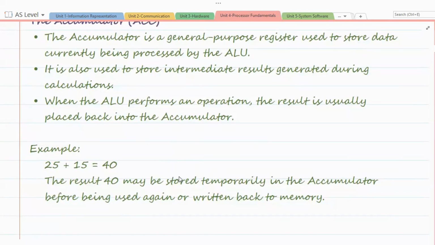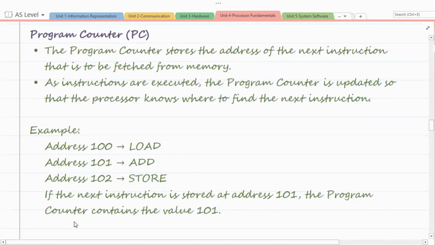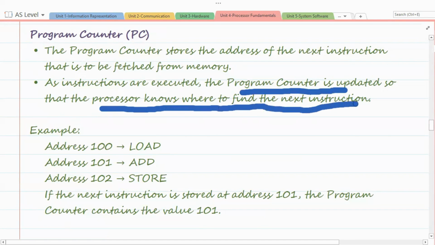Okay. Next, let's talk about the program counter. The program counter stores the address of the next instruction to be fetched from memory. As instructions are executed, the program counter is updated so that the processor knows where to find the next instruction.